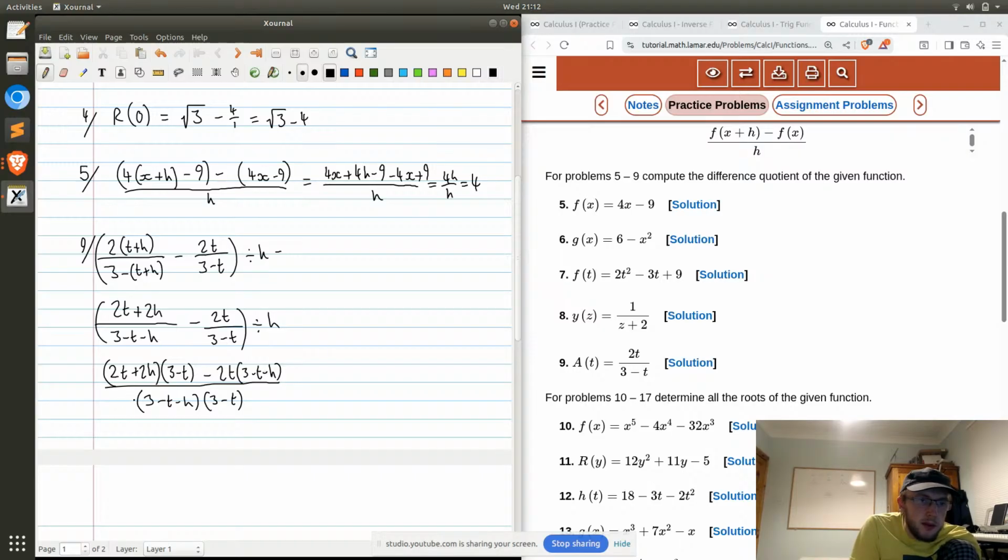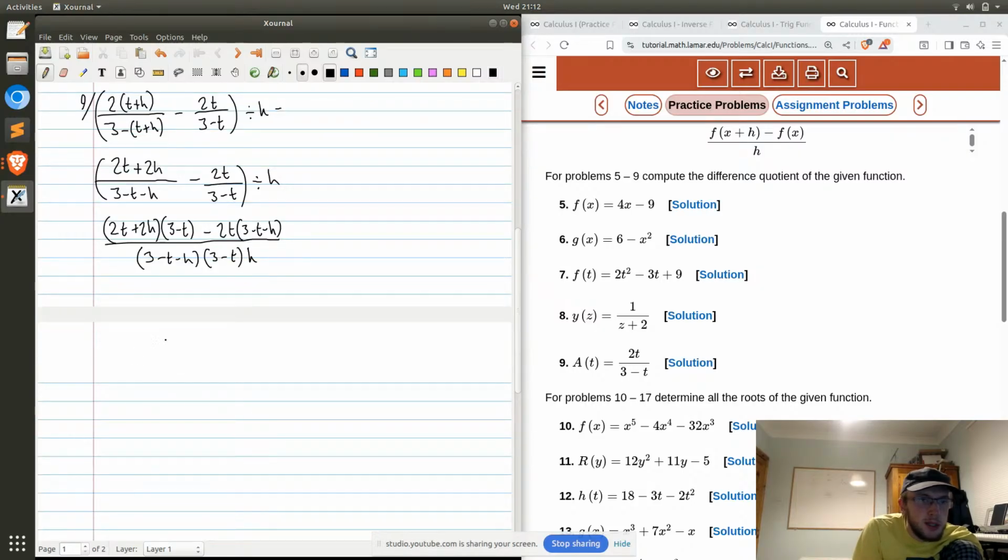And then all of that is divided by h, so a factor of h would be there as well. And now to actually carry out the multiplication, like that.